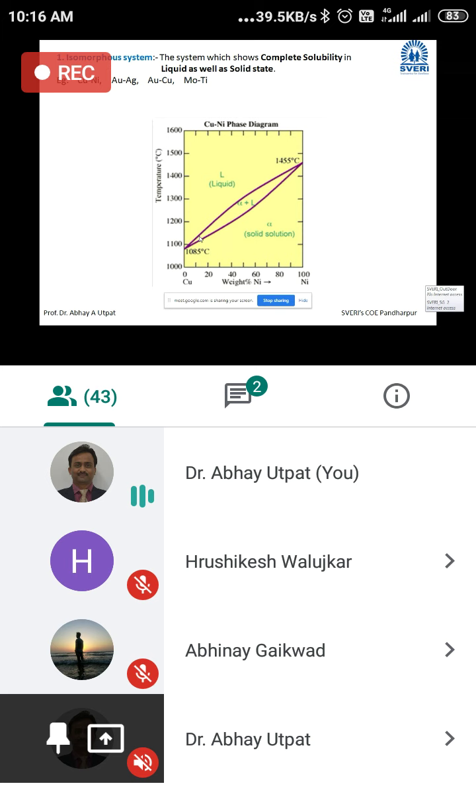Say the next example. Can anybody tell? Unmute and tell. Read it. AU dash AG means what? Rushikesh, Rushikesh Warunskar. What is AU dash AG? Not visible. The recording sign is coming there.